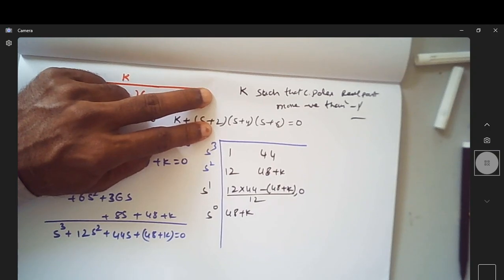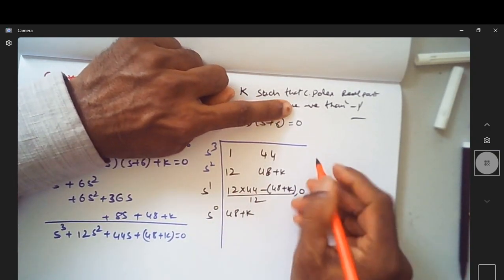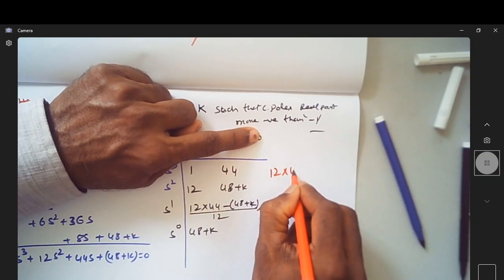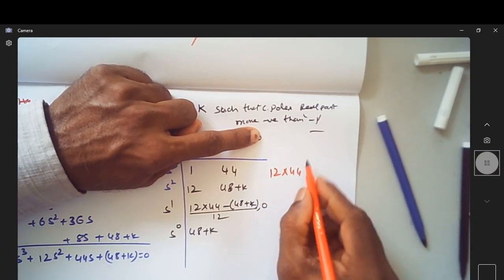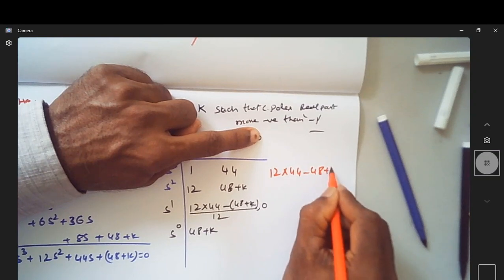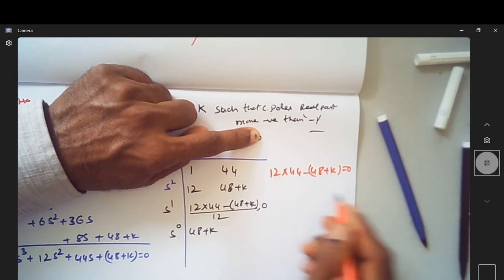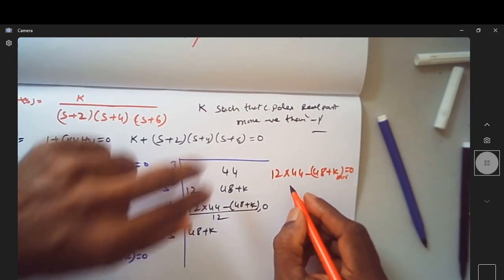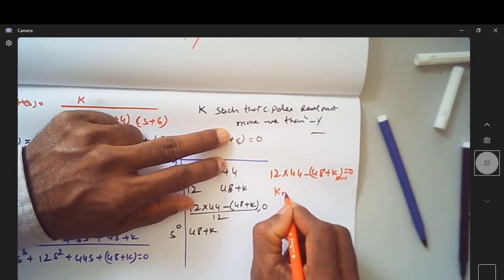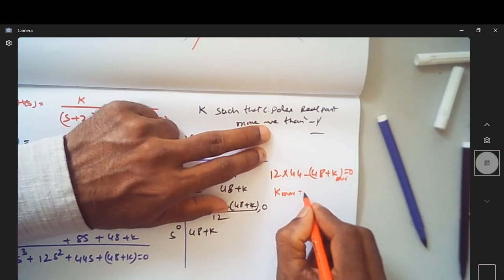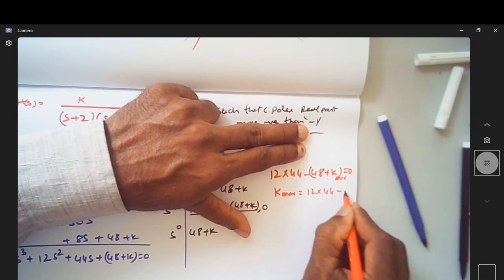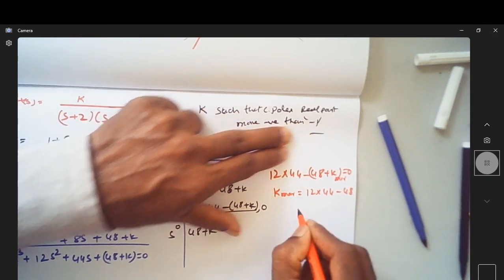I can find the k margin by equating this to 0. That is, 12 into 44 minus (48 plus k) is equal to 0. Then k margin becomes 12 into 44 minus 48.